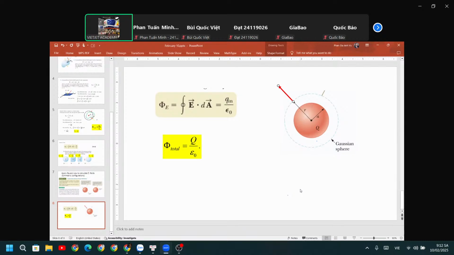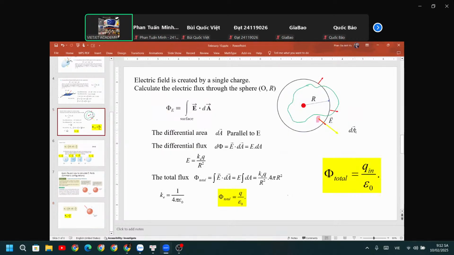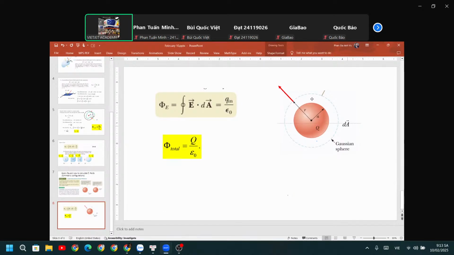We don't have any other direction for E because the sphere is symmetric, right? Uniformly distributed charge. Then E at this position will be that. If you agree with me, then type the number 3 into the chat box.